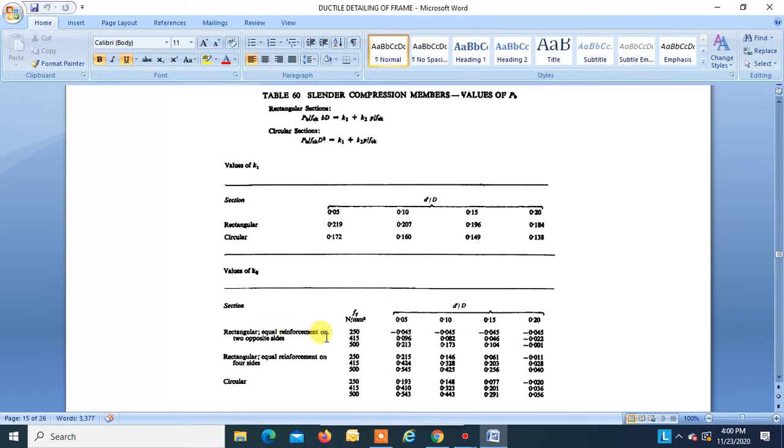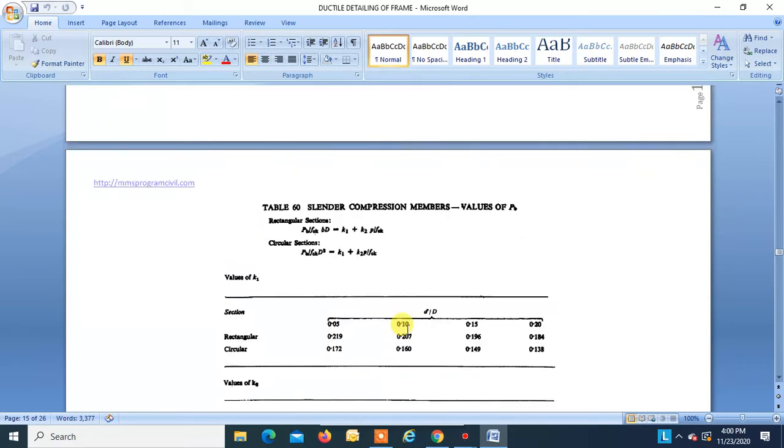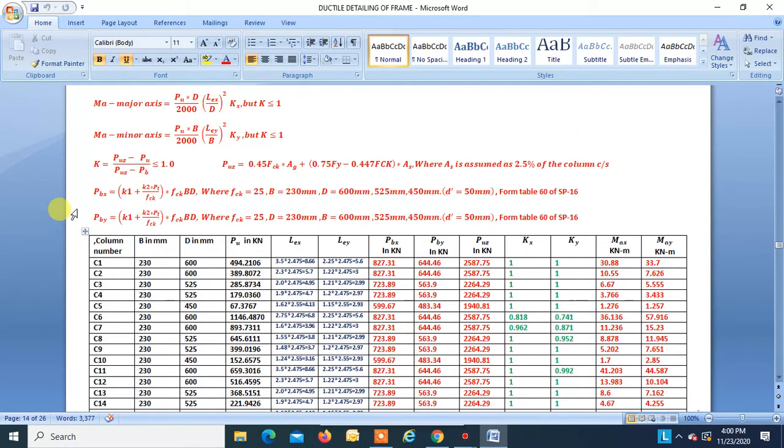This is for reinforcement distributed equally on two sides, and this table is for reinforcement distributed equally on four sides. Ours is not exactly four sides, but we will consider four sides, right? For different grades of steel, the values of K2 are given over here, right? So you can find K1 and K2 from this table, and you can find PBX and PBY easily, okay.